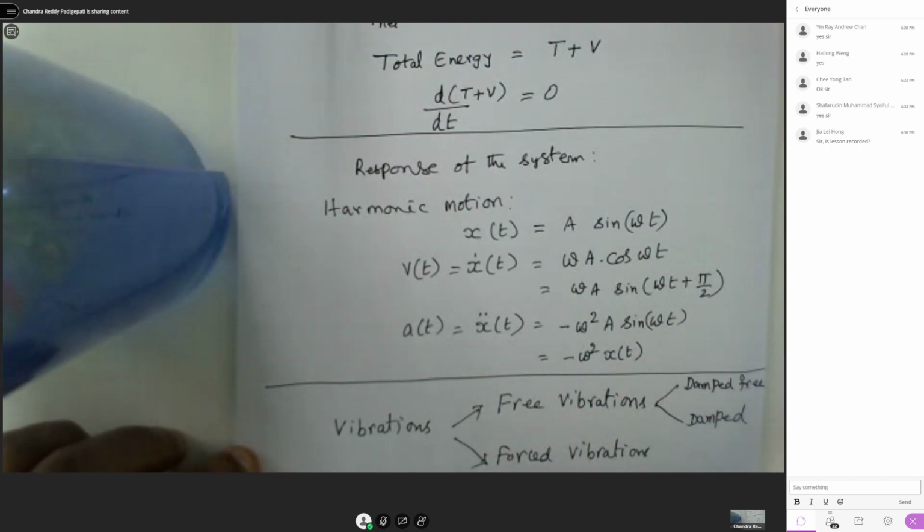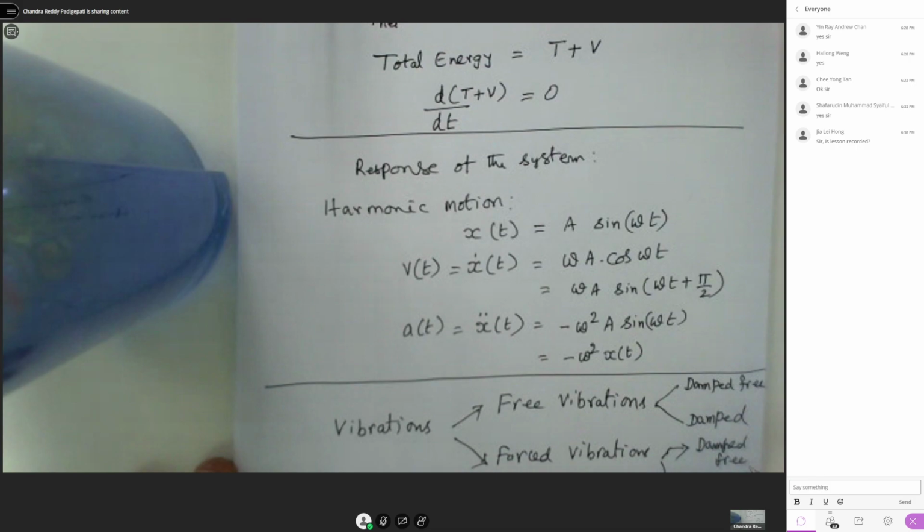Similarly, when we study forced vibrations, we have undamped forced vibrations and damped forced vibrations. So with damper, without damper.